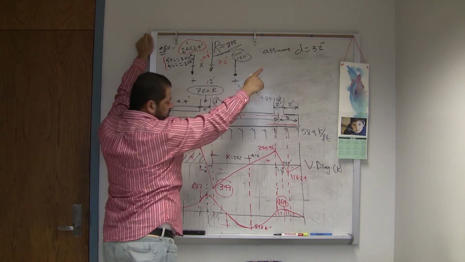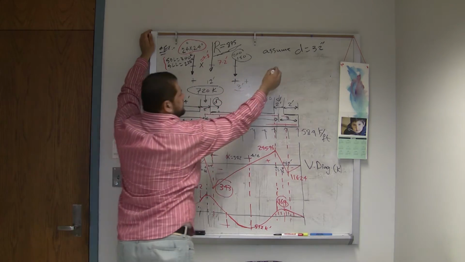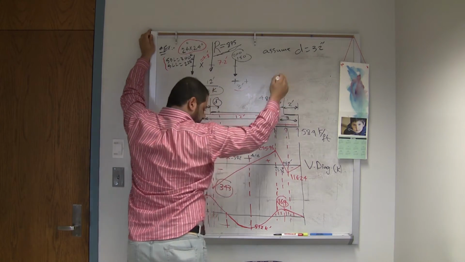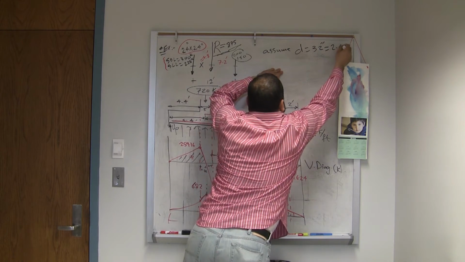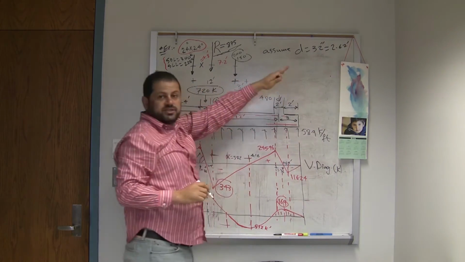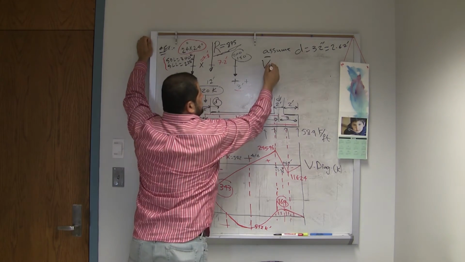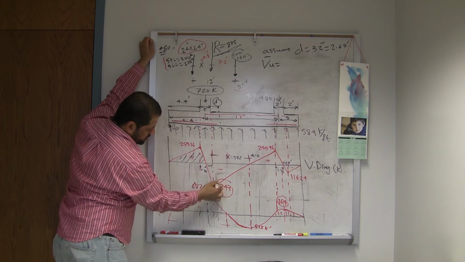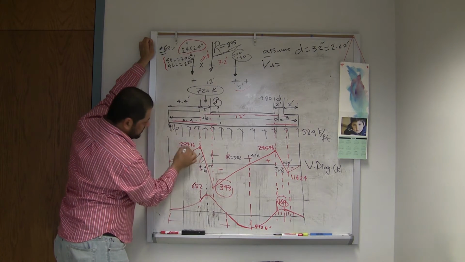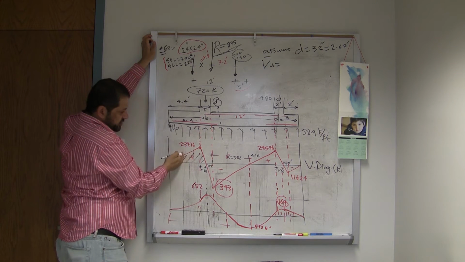If D is equal 32 inch, how many foot is this D here? 32 inch divided by 12 is 2.67 foot. So V bar U equals this again. It will be here because this is the maximum shear. If this one was more, we would do it there.